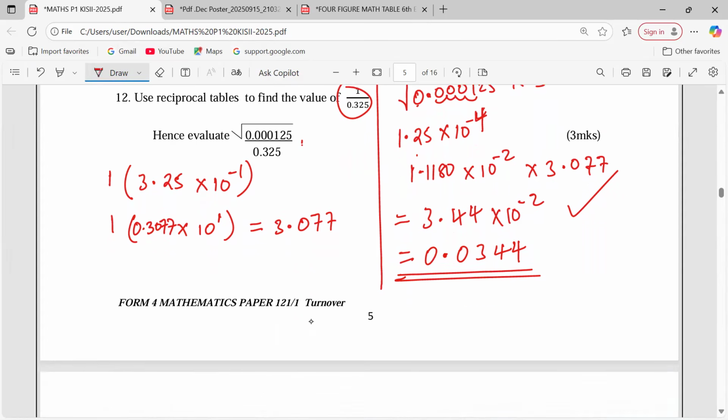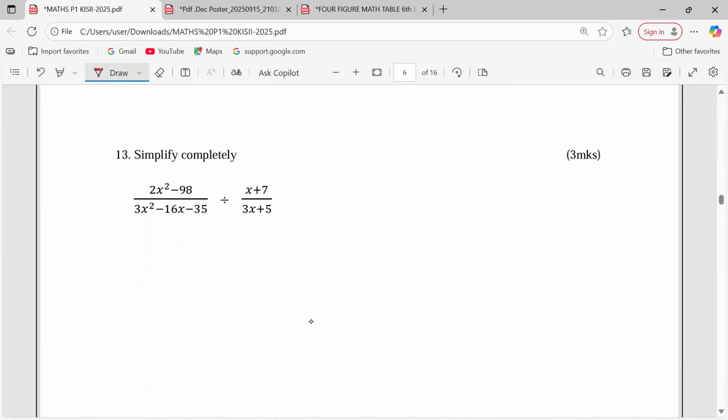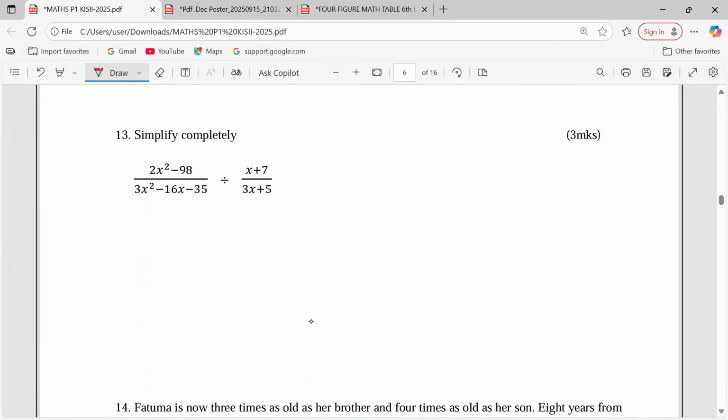Properly expressed. Are we at number 13 now? Yes. This is an interesting question. Very interesting. Simplify completely: 2x squared minus 98 divided by 3x squared minus 16x minus 35, then divided by x plus 7 all over 3x plus 5.